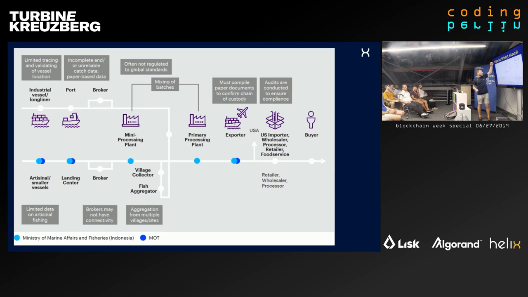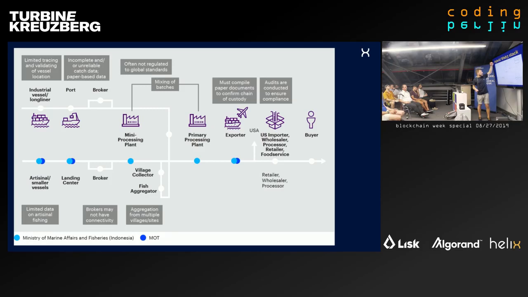This is actually a US specific thing, and then there are paper documents and confirmed chain of custody. So it is actually quite difficult to track the whole supply chain, and mostly the challenge here is in this part, because this part is already quite automated.